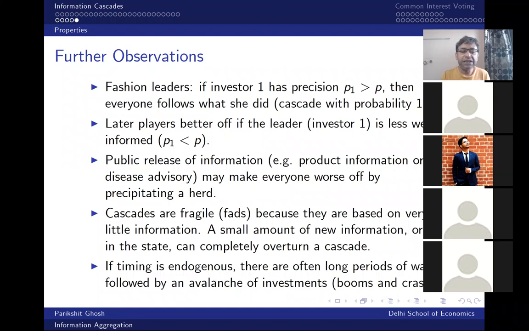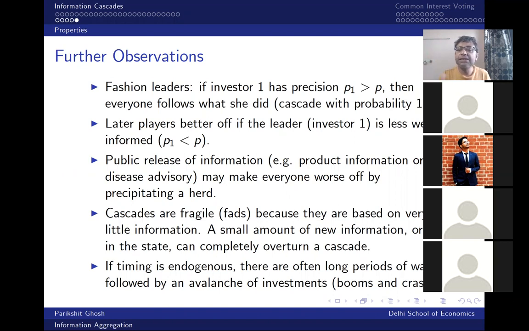So you often see that cascades are fragile. They seem to be robust for a while. The housing bubble, the dot-com bubble, at the time they seemed like they were there to stay, and everybody was buying that stuff. But then it burst very quickly. I also showed you the graph of the tulip mania, right? When the price crashed, it literally fell off a cliff.